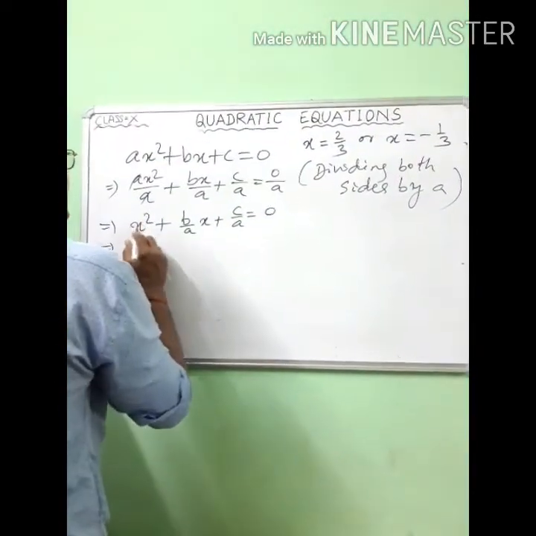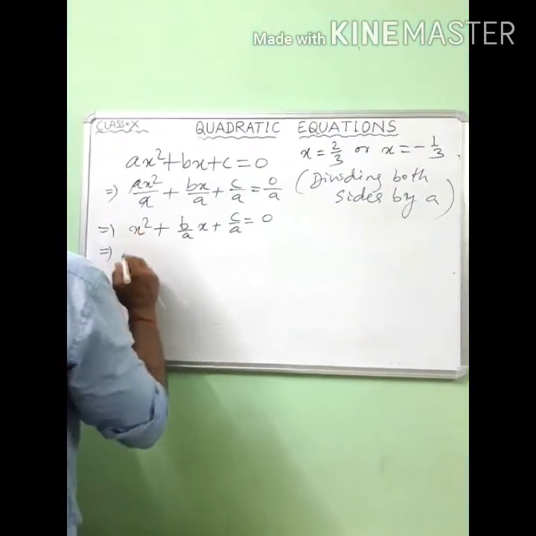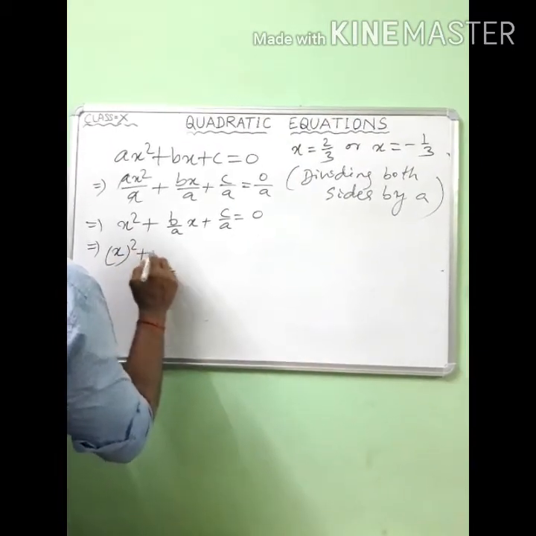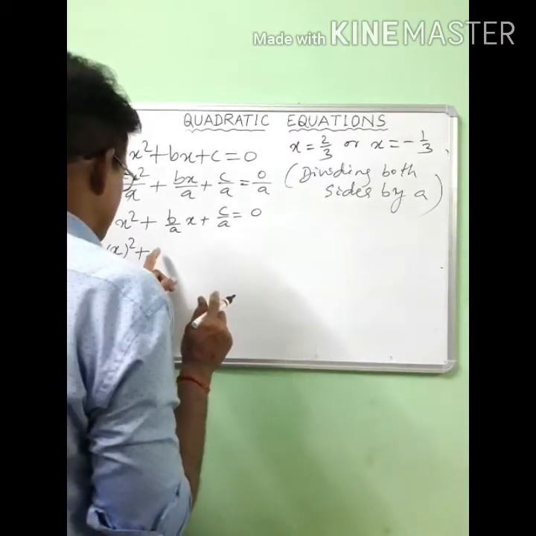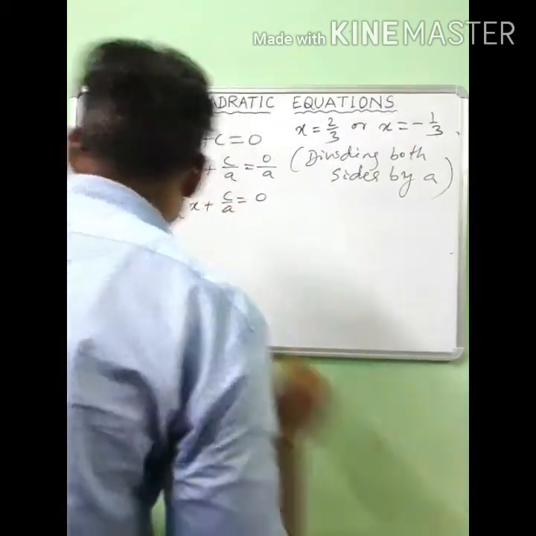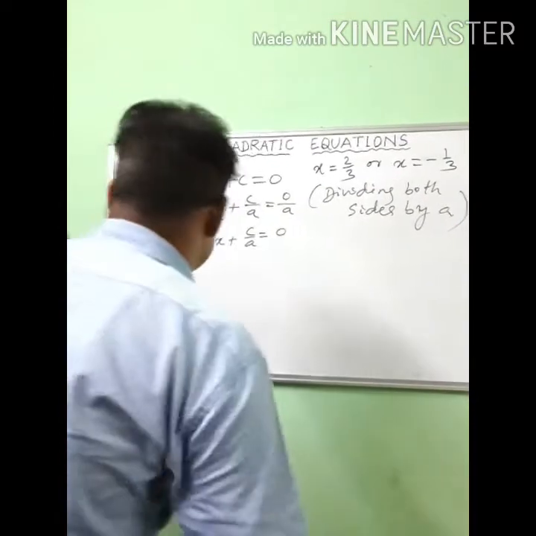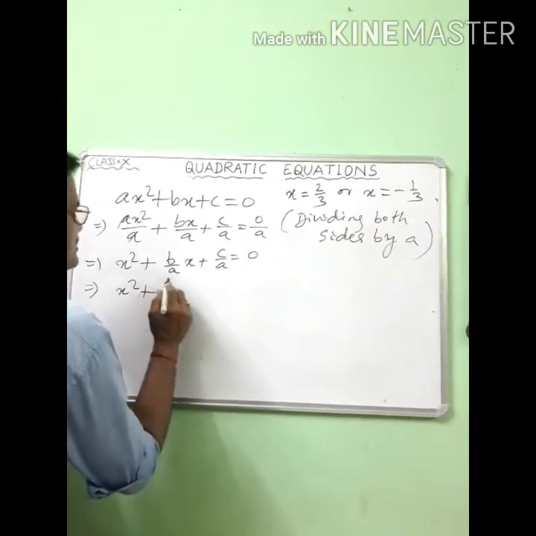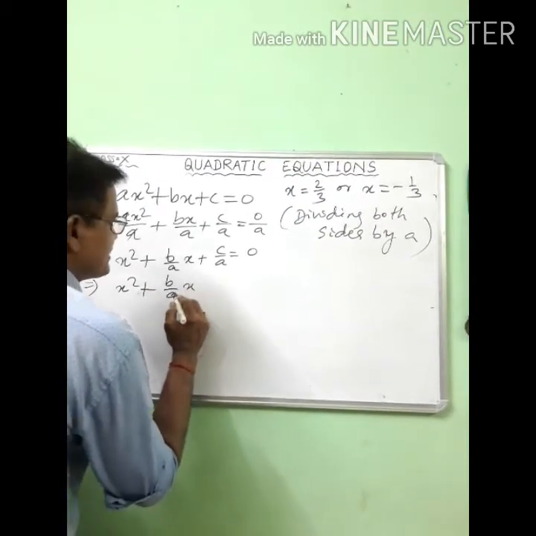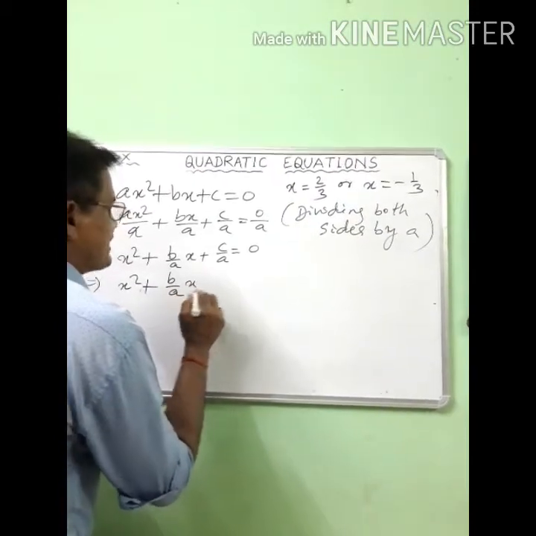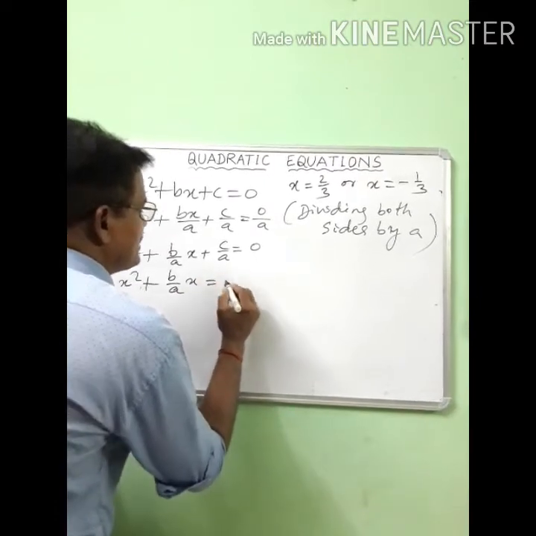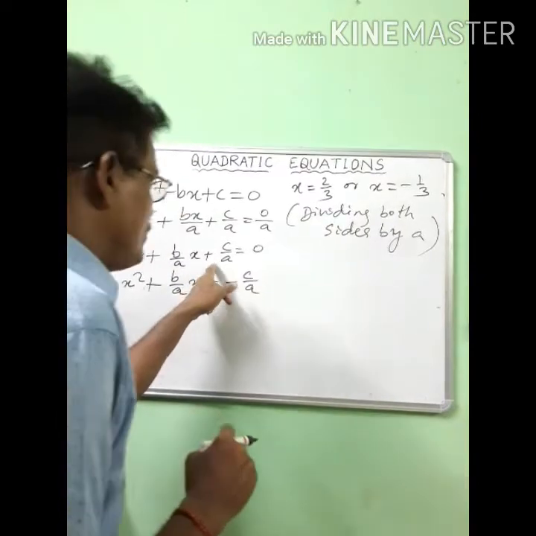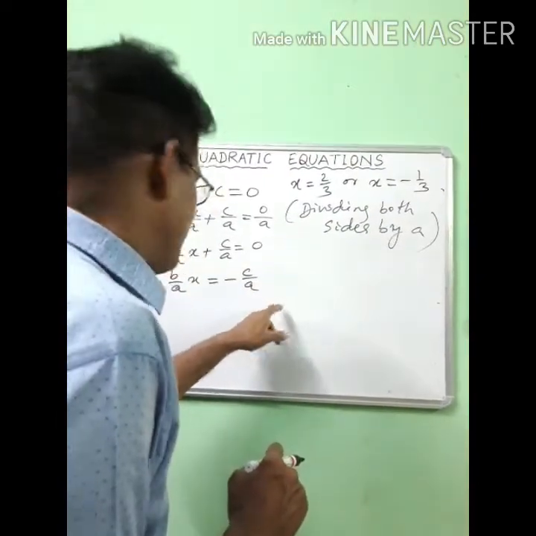So x square plus b by a x is equal to what? Minus c by a. Plus c by a will come to the right side, meaning minus c by a. Clear?